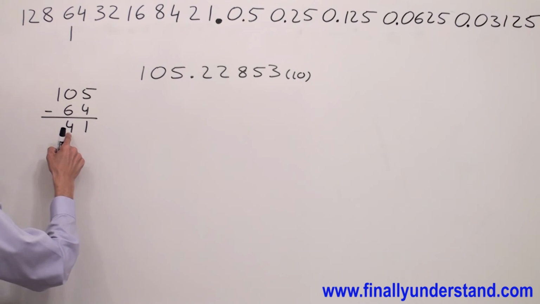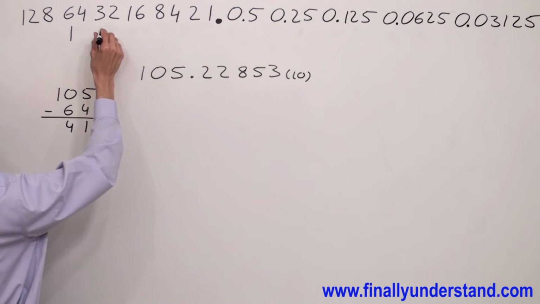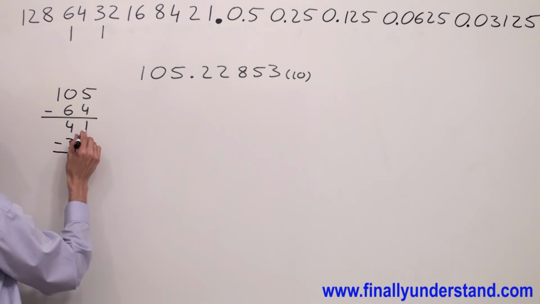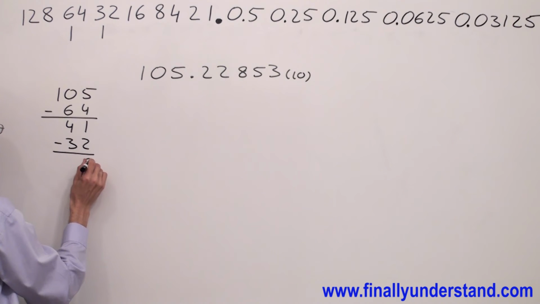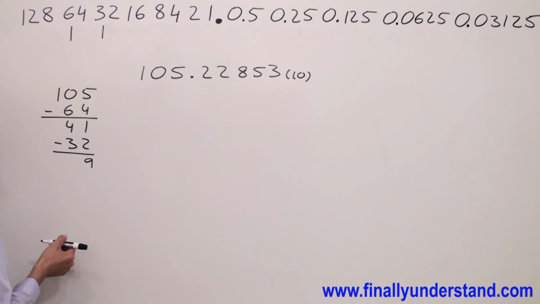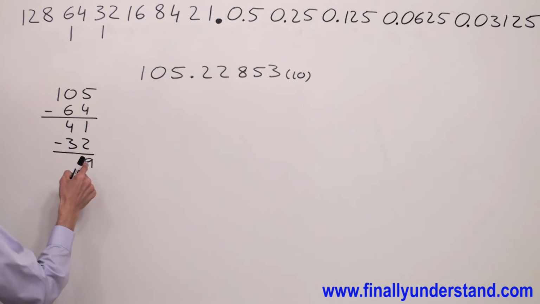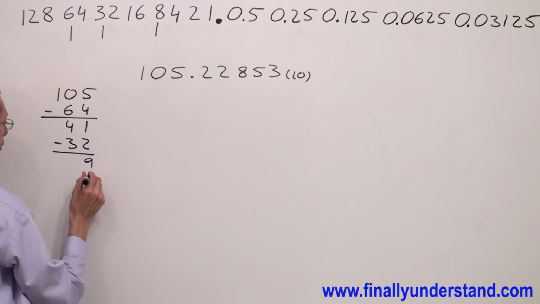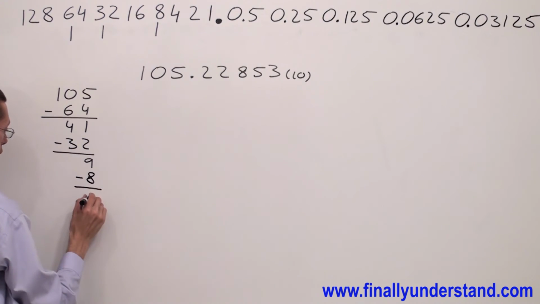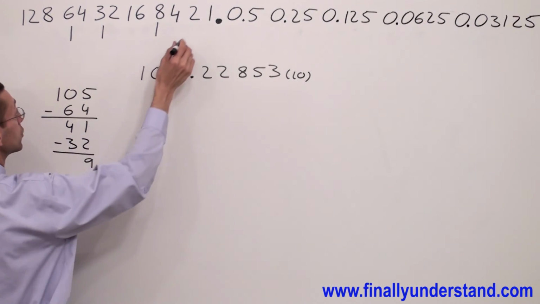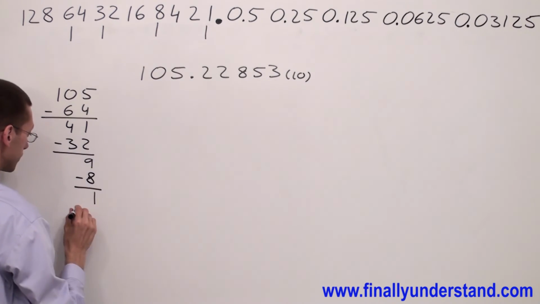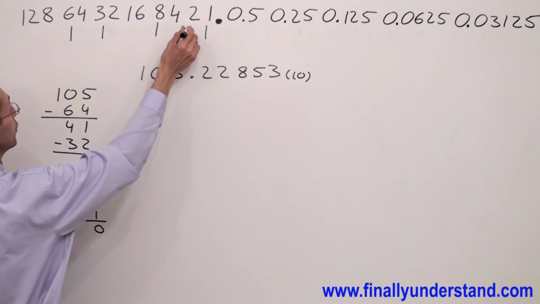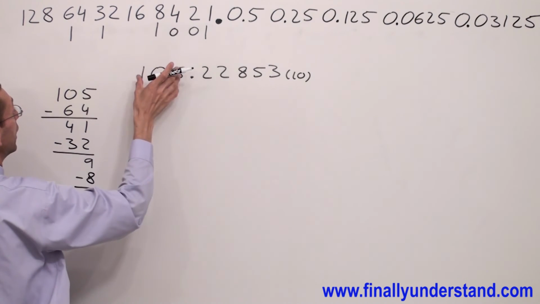Next, from 41 I can subtract 32. And I have 11 minus 2 is 9. 3 minus 3 is 0. From 9 I can subtract 8. And I'm going to have 1. From 1 I can subtract 1. That's why this is going to be 0. I finished with my whole part of the number.